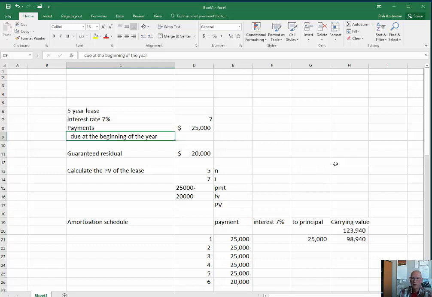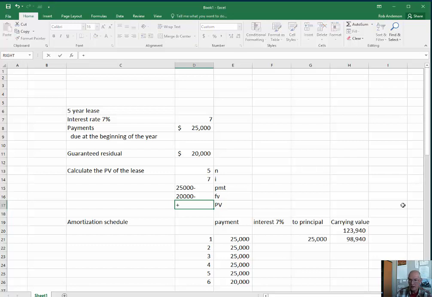So just a reminder, if the payment is due at the beginning of the year, you need to set your calculator to begin. Hope you did. If you did not, you probably need to clear your calculator and start this over with your calculator at begin. If you did, all you need to do is hit the present value key and you should get this carrying value right here. That's the number that should come up on your calculator, and that's the present value of the lease.